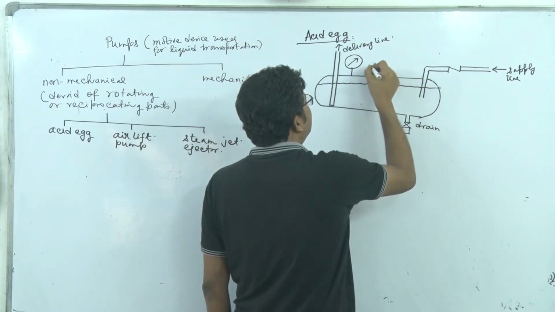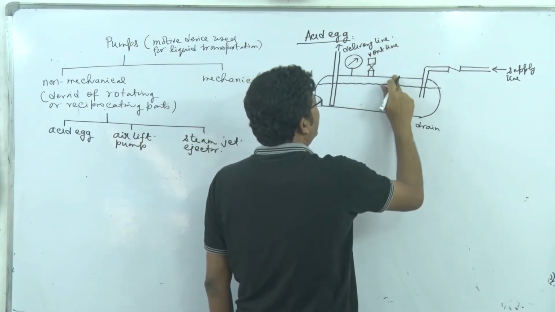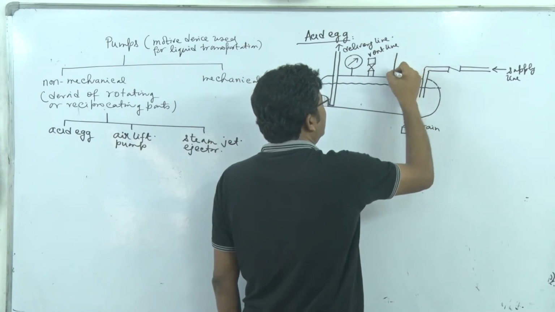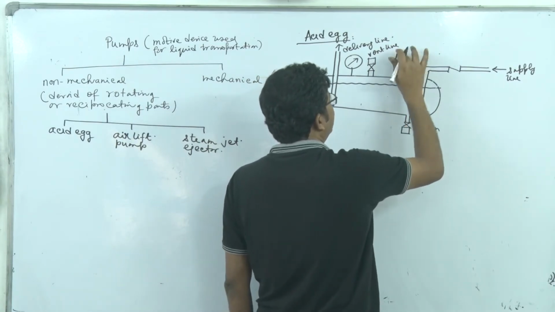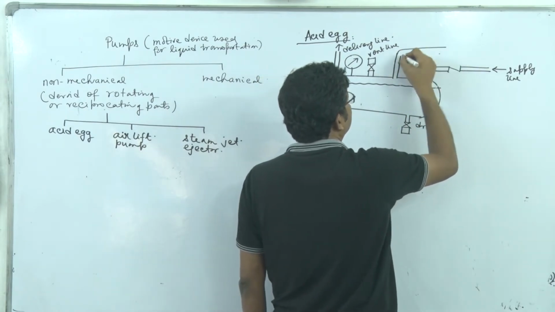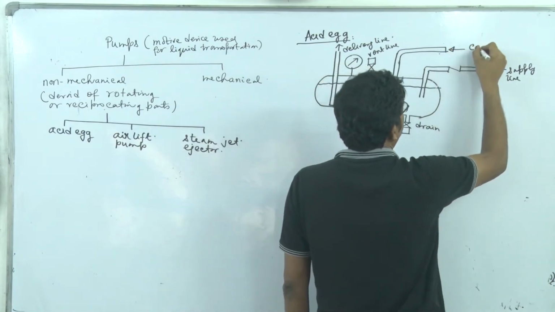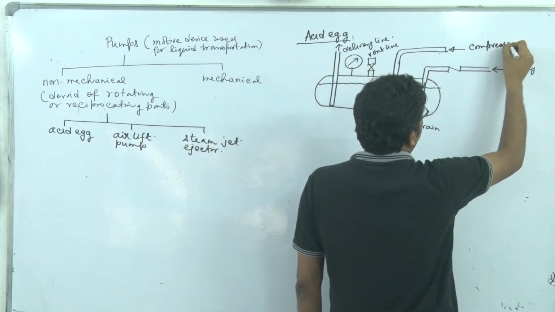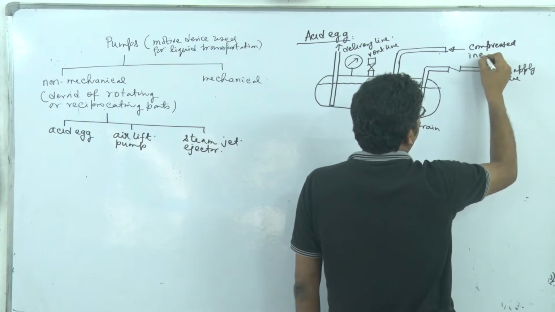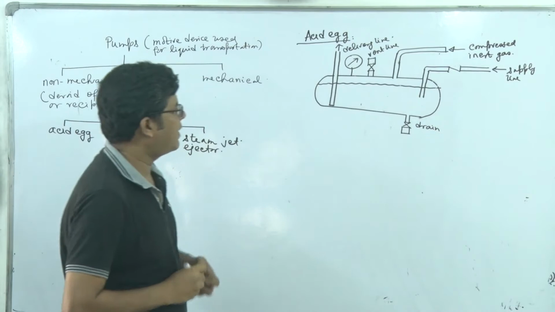We have a vent loaded with a safety valve, and a line for the delivery of compressed inert gas. That's the basic structure of the acid egg.